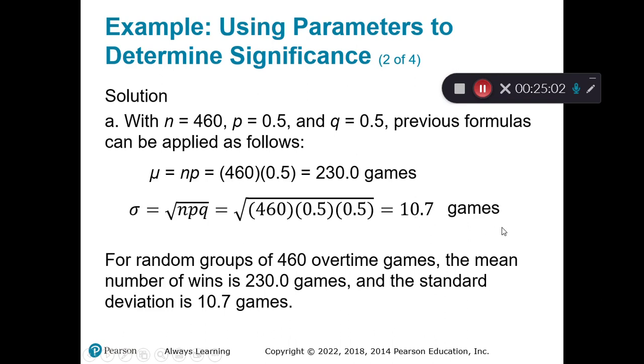Now, let's find out what values of x would be considered significantly low or significantly high. To answer that question, we're going to multiply the standard deviation, 10.7, by 2, and then subtract that number from the mean and add it to the mean to get our two thresholds.